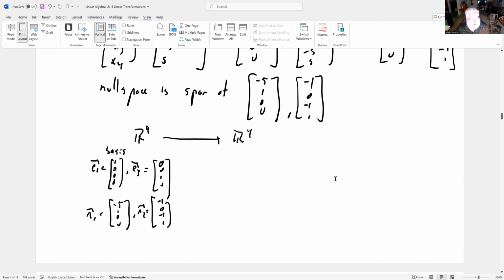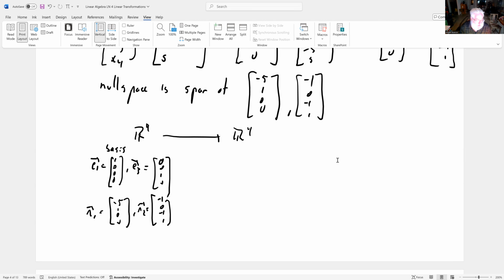And so every vector in the domain can be rewritten as K1 E1 plus K3 E3 plus J1 N1 plus J2 N2. J1, J2, K1, K3 are just scalars.